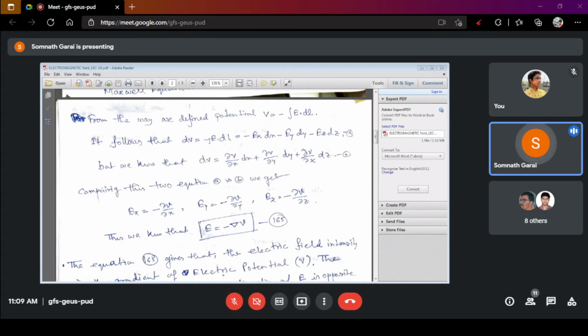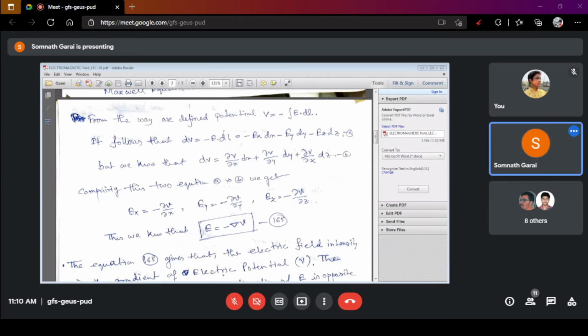It is already proved in the earlier class. If we differentiate this equation, the integration cancels out. So dV is equal to minus E dot dl.